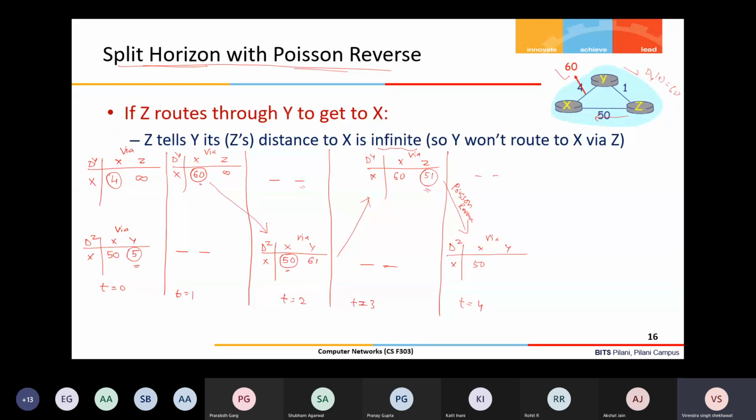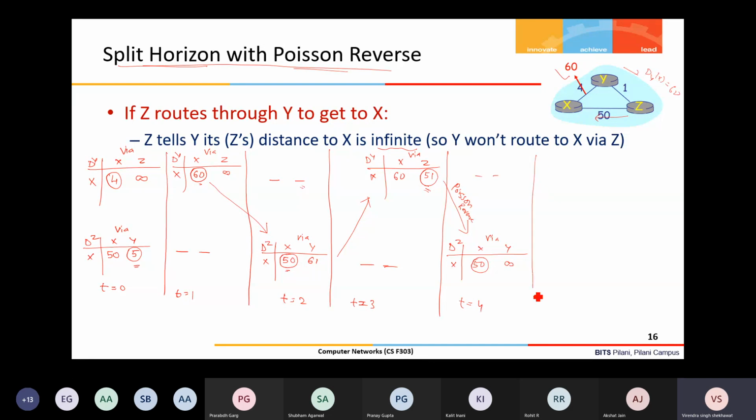According to poisoned reverse, it will tell that my cost to x is infinity, because it is routing via z only. Once z receives infinity, it says, okay, fine, I will still use the same cost to x. So its least cost does not change.